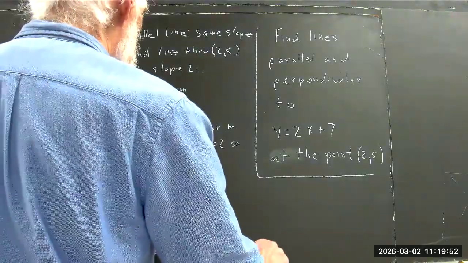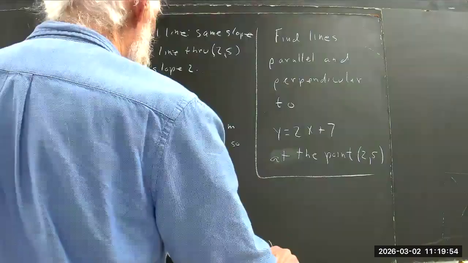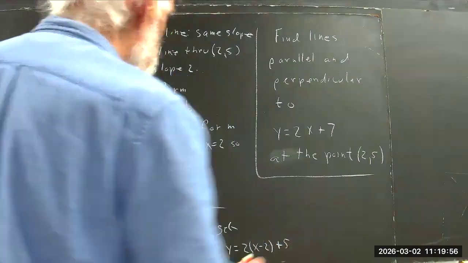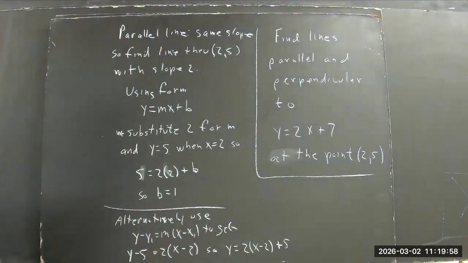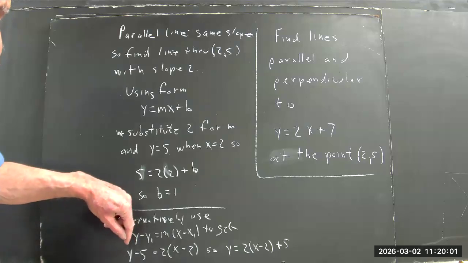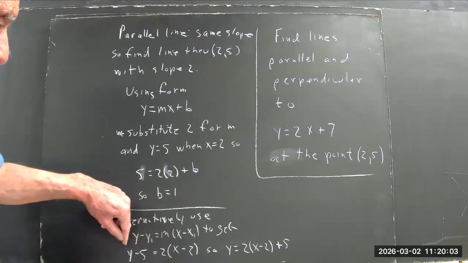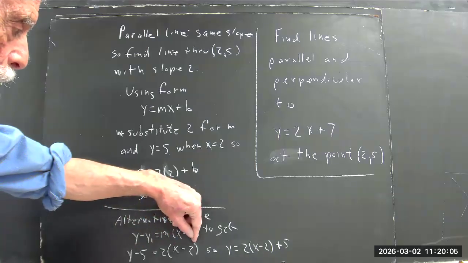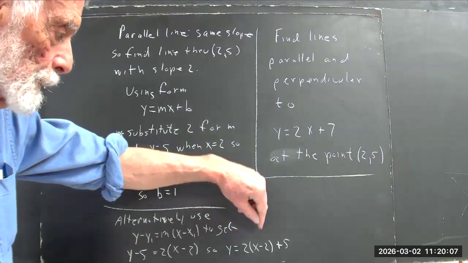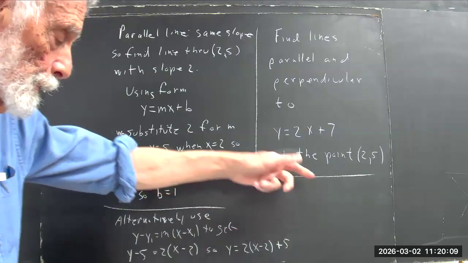So y equals 2 times the quantity x minus 2 plus 5. Again, not going through all the steps, but adding 5 to both sides, the y minus 5 becomes just y, and the right side becomes 2 times the quantity x minus 2 plus 5.